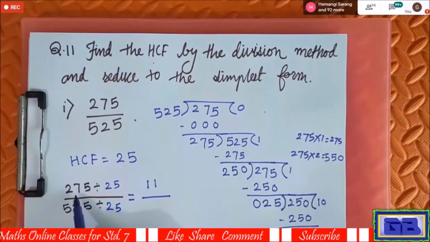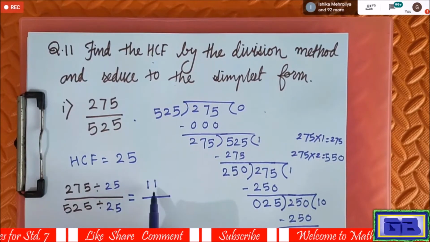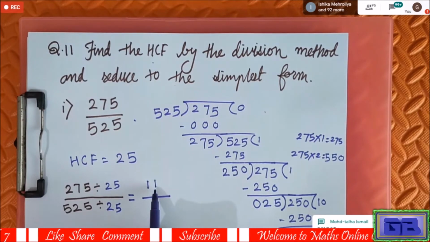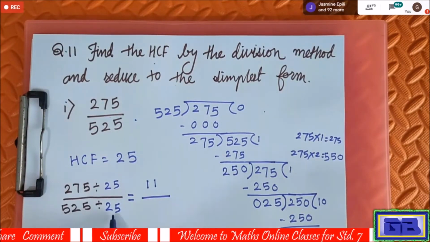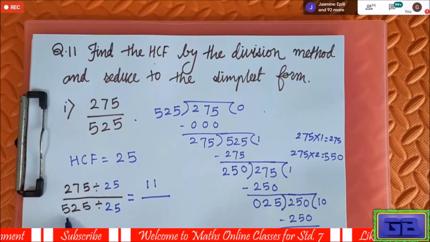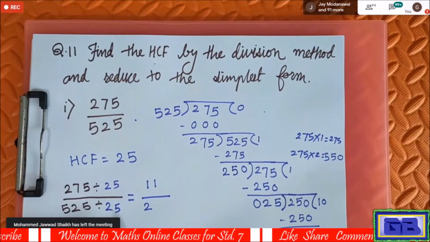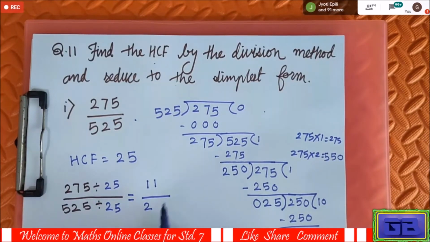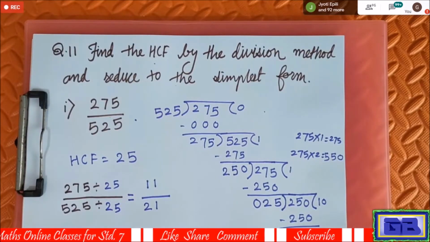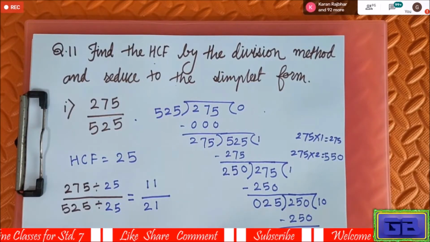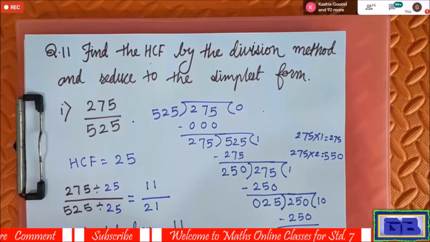When we divide 275 by 25, we get quotient 11. Now divide this number by 25. 25 twos are 50. 52 minus 50 is 2, 21. And 25 ones are 25. So the simplest form is 11 upon 21.